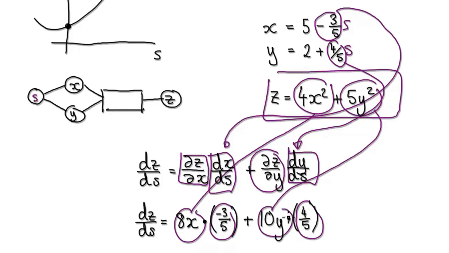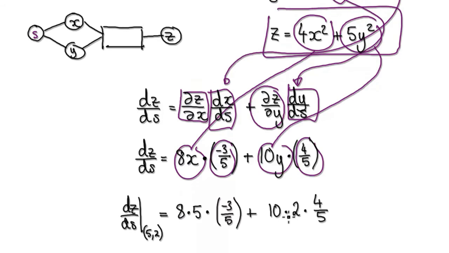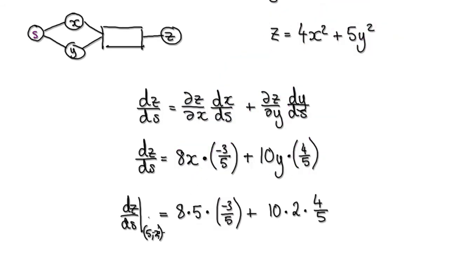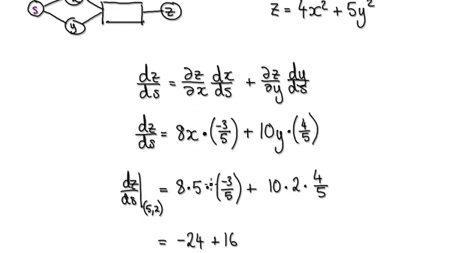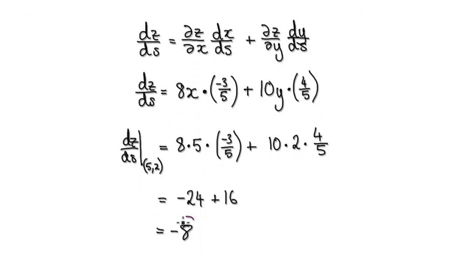So we are now at this stage here, but then we want to evaluate it at that particular point where x equals 5 and y equals 2. So you would put 5 into the x, and then you would put 2 into the y. That would then give you this. So working it all out, it should come to negative 8. So the gradient in that particular direction at that particular point is negative 8.